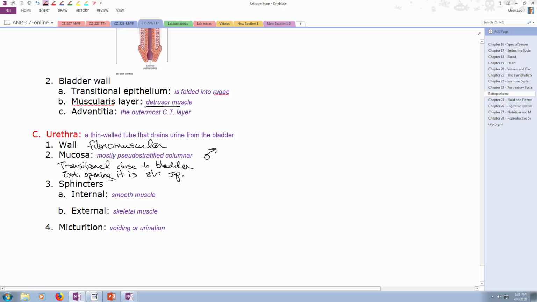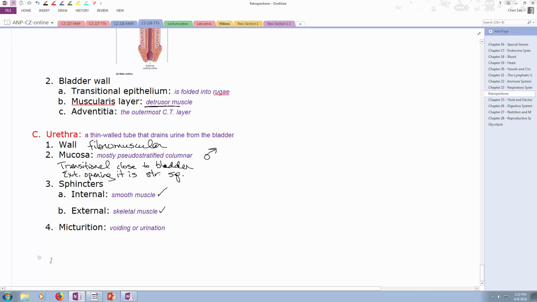And when we take a closer look at the sphincters of either the male or female, internal is composed of smooth muscle, involuntary control. External is composed of skeletal muscle, and that is going to be under voluntary control.